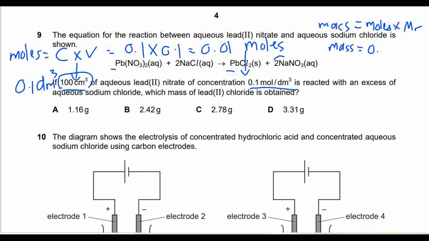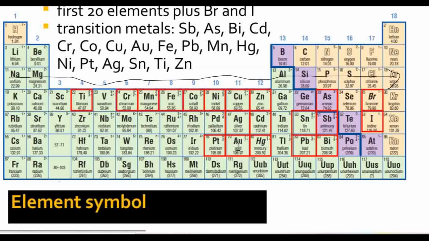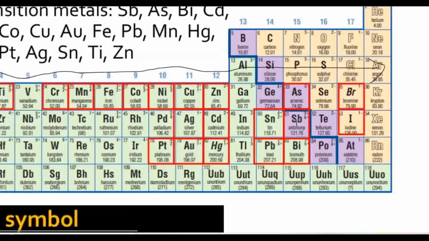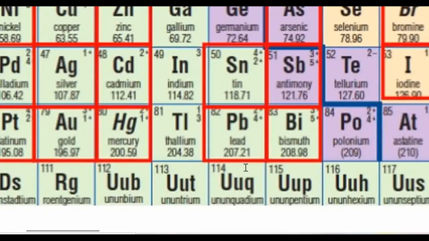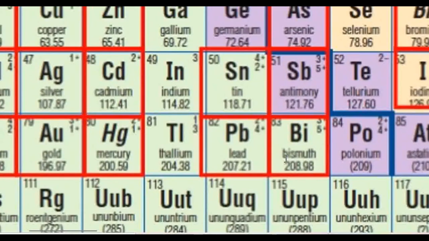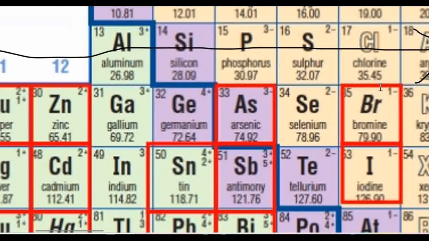So the mole is 0.01 and the Mr of lead chloride we can check from the periodic table. So this is our periodic table and the Mr of lead is this and Cl is this. If we magnify, the Ar is 207.2 and Cl is 35.5.